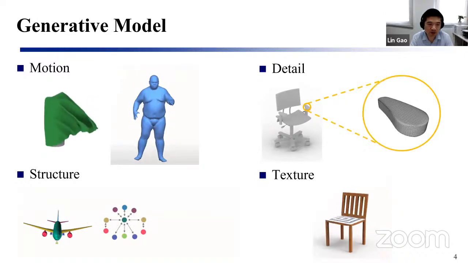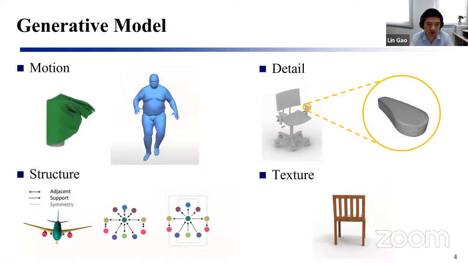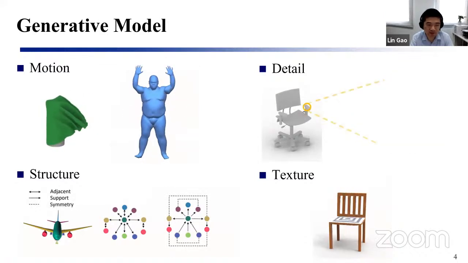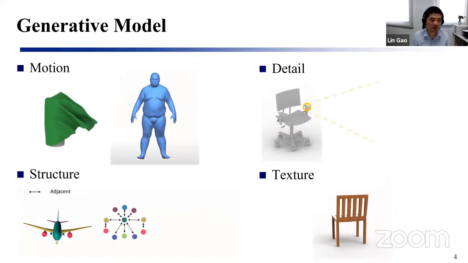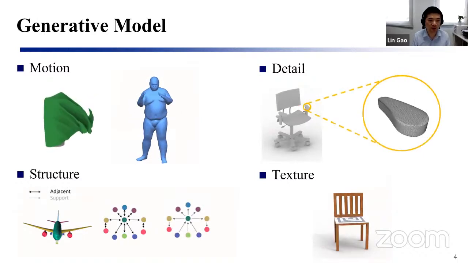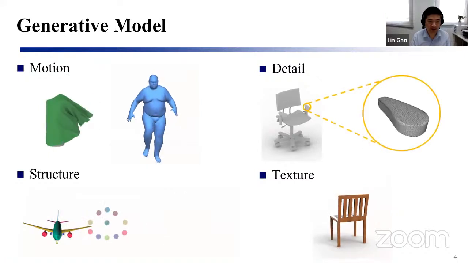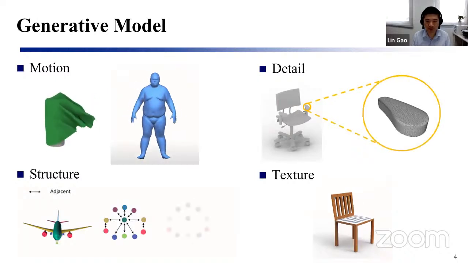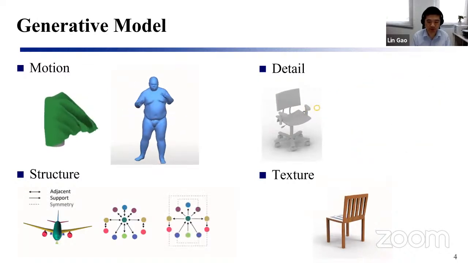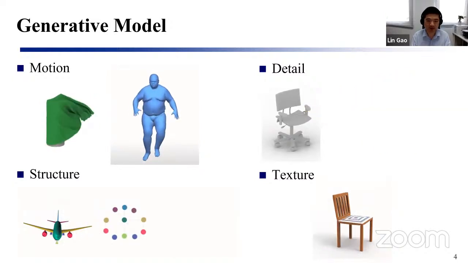So if we want to generate the 3D model, we need to analyze and generate these properties, including the motion, the geometry detail, the structure, and the texture.